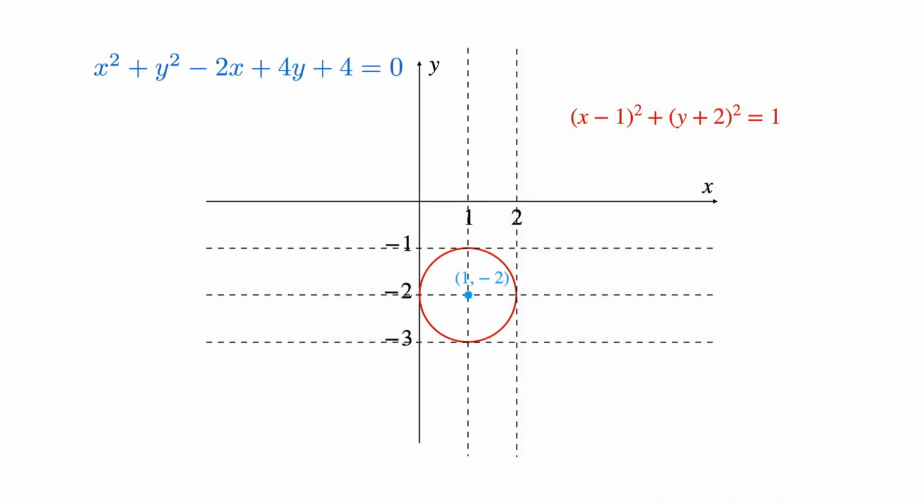And just some words about applications. You see, you recognize here the left-hand side of this equation as the expression in part A in our problem. And you see, after completing the square, we got this form of equation. And from this equation, I hope that you can recognize a circle centered in the point 1, minus 2 and with radius 1.